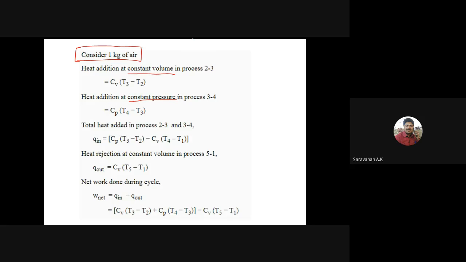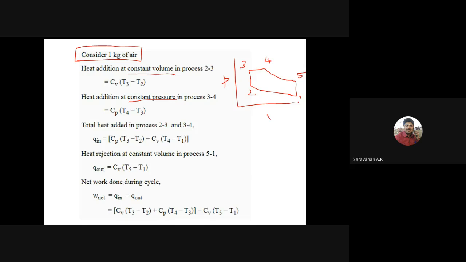In this PV diagram we have points 1, 2, 3, 4, and 5, five processes. Take process 2 to 3.